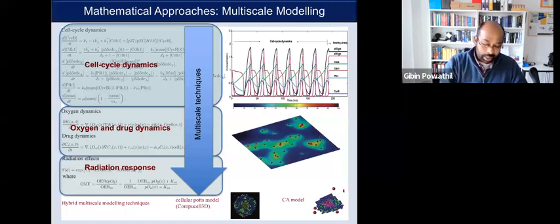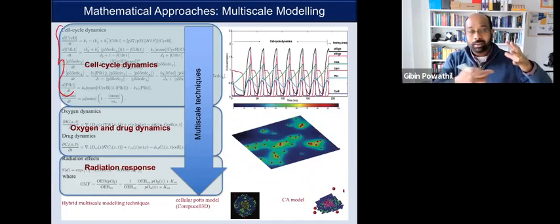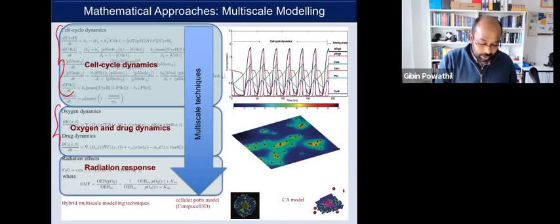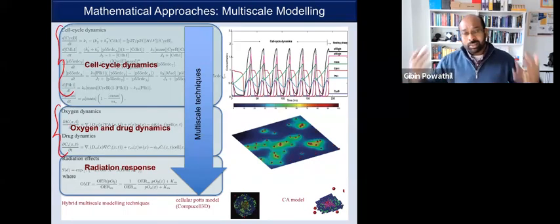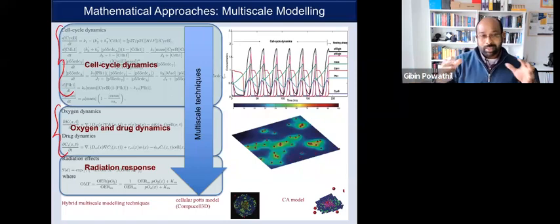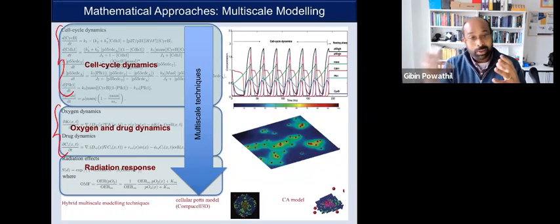For example, we use such equations to model the cell cycle within a cell. Then we have partial differential equations to study oxygen dynamics, drug dynamics, and so on. I don't want to go too much into great detail, but I'm happy to explain this. So why are we studying growth? Once we have a growth model that is calibrated, we can study treatments, right?